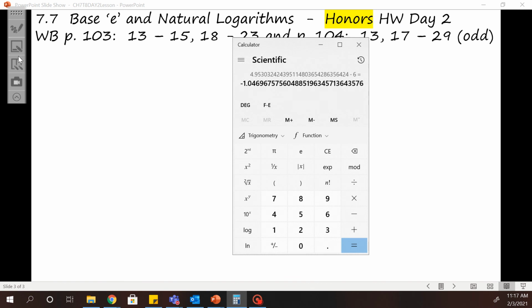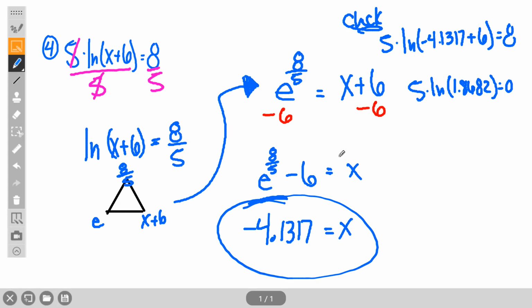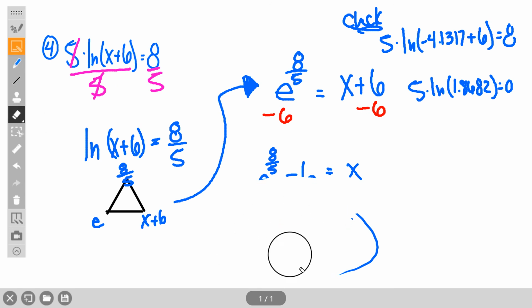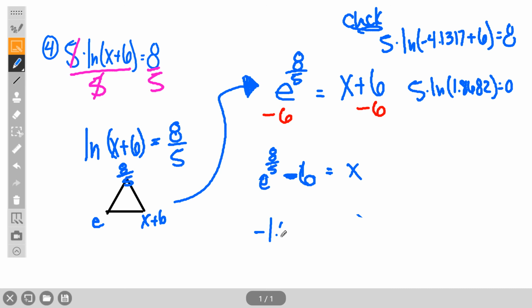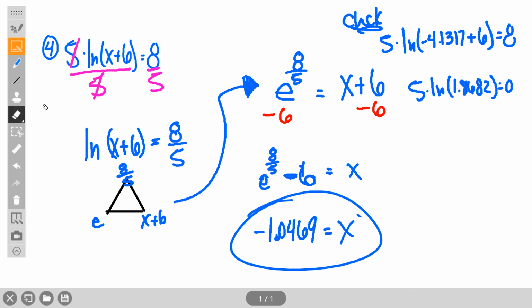Negative 1.0469. So let's try that. I think I might have put it in the calculator backwards. So this is 1.0469. And let's see if this works instead.